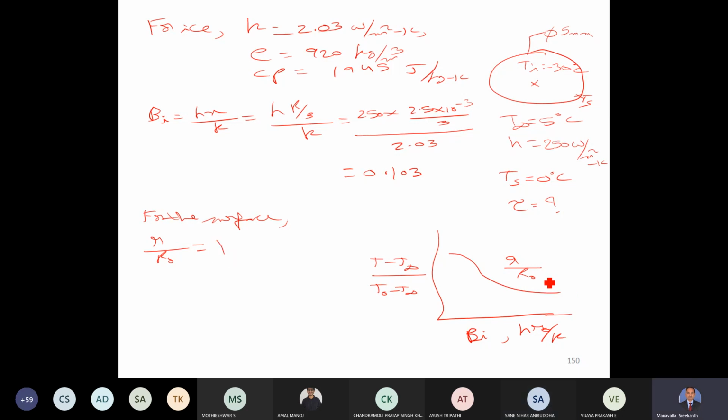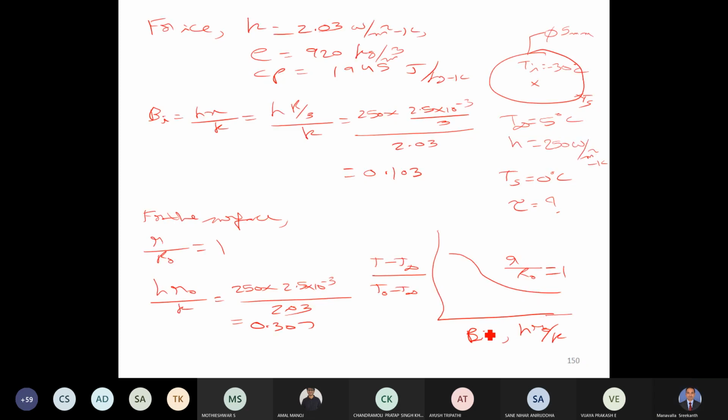And the Biot number h R naught by k: h is 250, R outer is 2.5 multiplied by 10 power minus 3, k is 2.03. This will be 0.307.